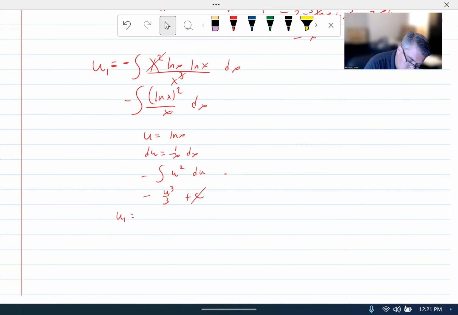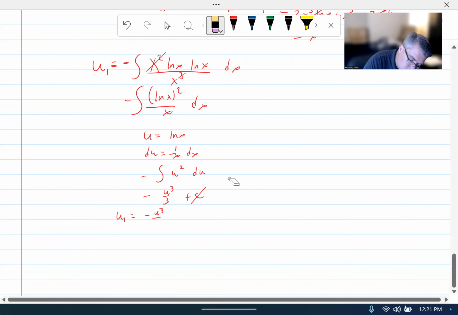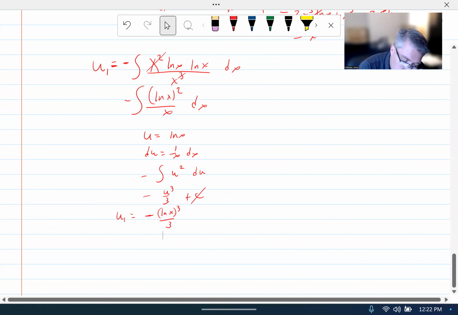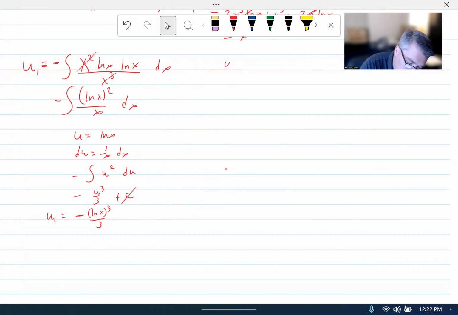U1 is negative u cubed over 3, but what was u? U was a natural log. So let's plug that in: negative of natural log of x cubed over 3. Okay, now let's go up and figure out what u2 is.